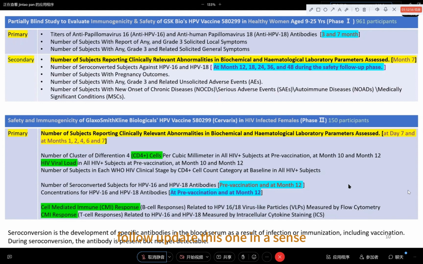So this one tells you whether the subject has seroconverted or not. And then the next part, subjects with pregnancy outcome. The second last one is related unsolicited adverse events. And then onset of chronic disease, serious adverse events, autoimmune disease, medically significant conditions.